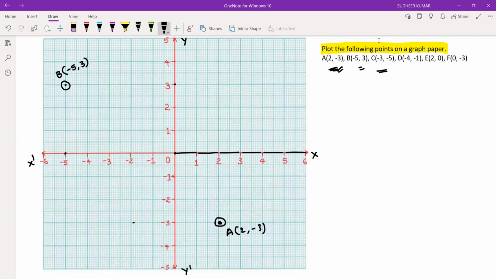We can also see this as we know the signs of the coordinates of points in each quadrant. So both are negative. It lies in the third quadrant. So first value on the x-axis -3, and -5 on the y-axis. So this is the required point, C, (-3, -5).